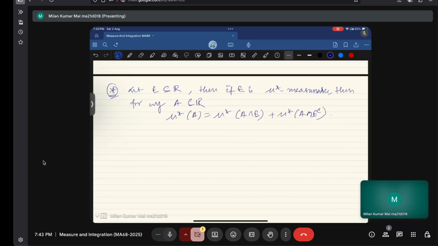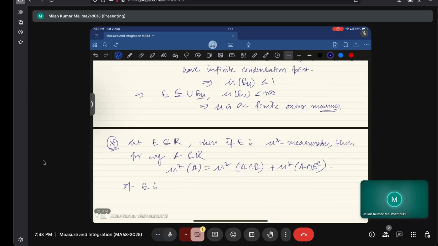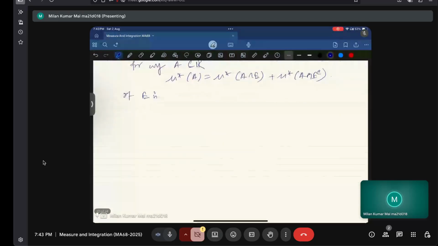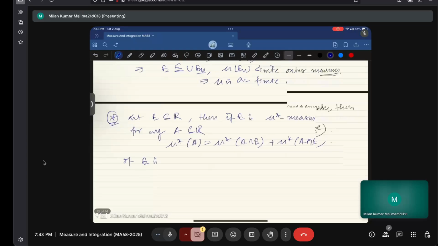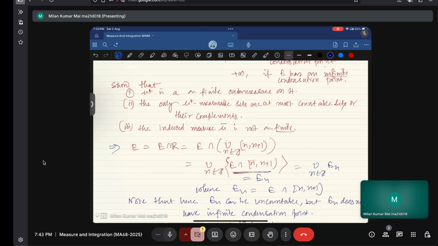Now, if E is an uncountable set, here you have to show that either E has to be countable or its complement. So by any chance, if E is an uncountable set, the only measurable sets are at most countable sets or their complements.